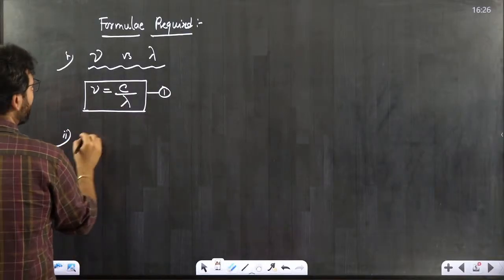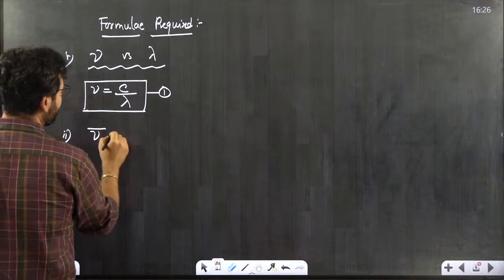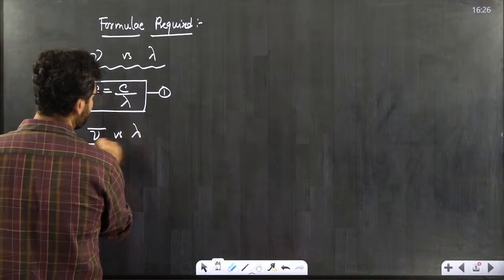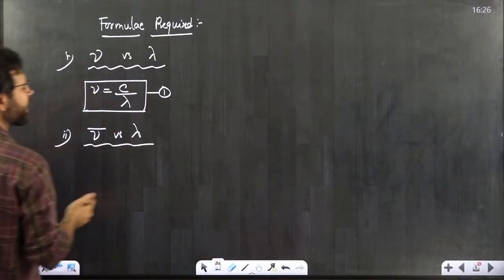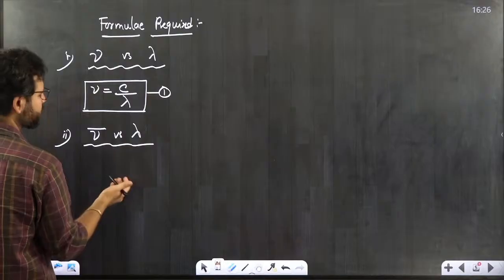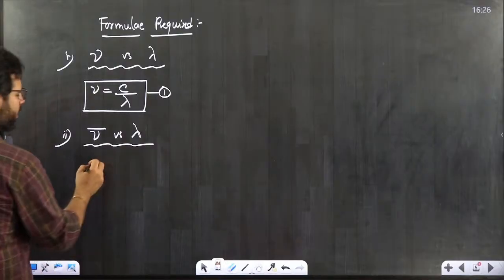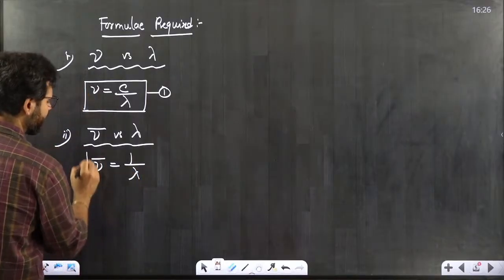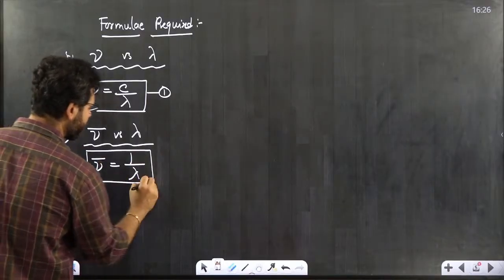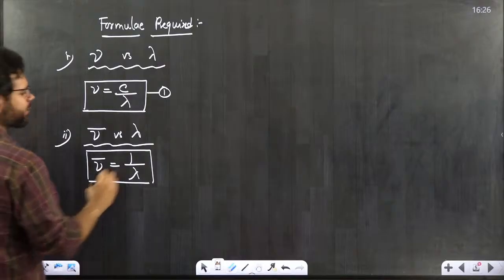Second, how do we relate wave number versus lambda? Most of you would be remembering these formulas. You can obviously derive them with just the unitary method, but let's quickly learn them and move ahead. Wave number is the reciprocal of wavelength. So the second one is wave number equals the reciprocal of lambda.